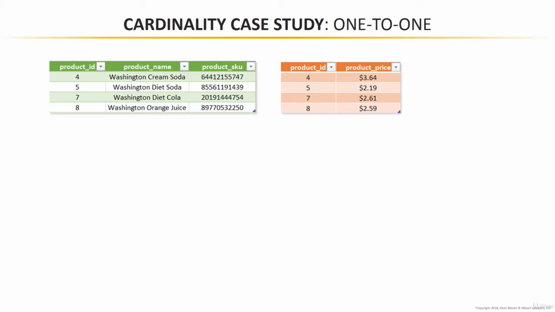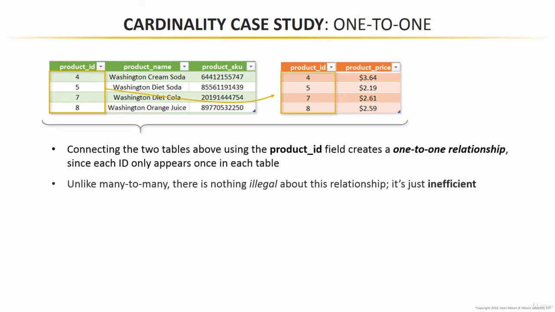And then almost like a smaller product lookup in orange on the right with product IDs and product prices. So if we were to connect these two based on product ID, we're creating a one-to-one relationship since each ID only appears once in each table. So again, unlike many-to-many, there's nothing illegal about this relationship. It's just kind of an inefficient way to do things.